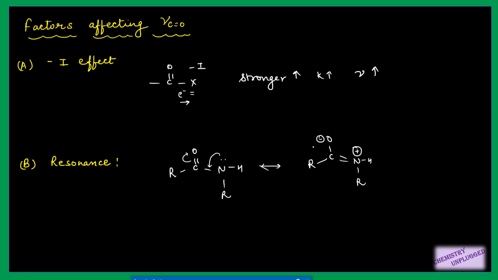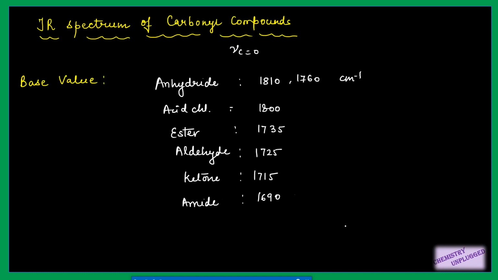Because of this, the bond becomes weaker, and when it becomes weaker, the C=O vibrational frequency will decrease. That is why in amide this value is near 1690.